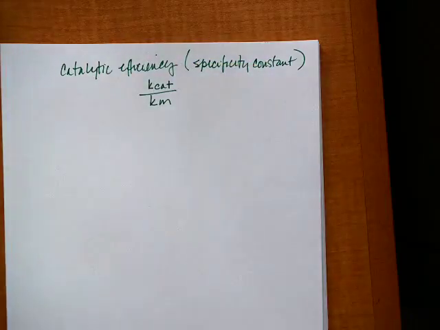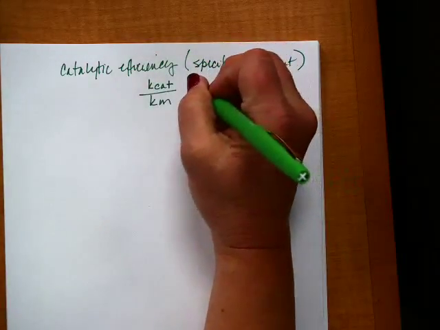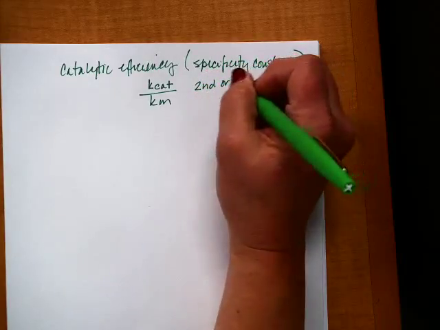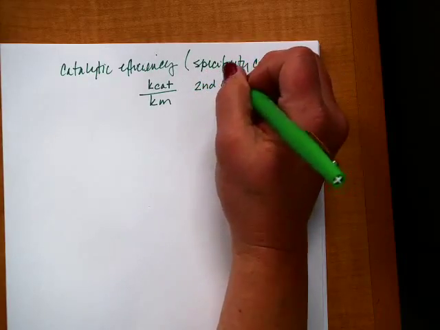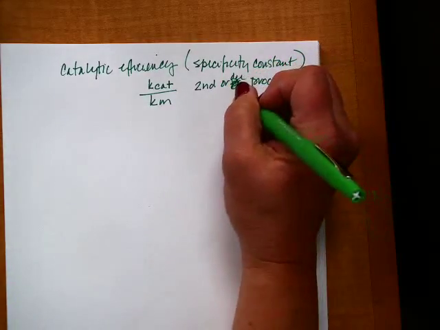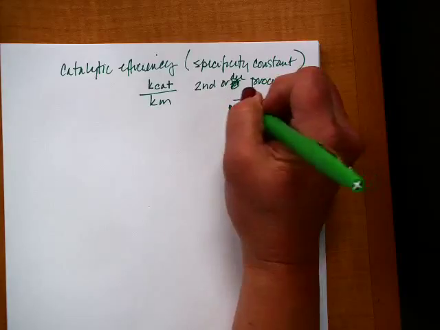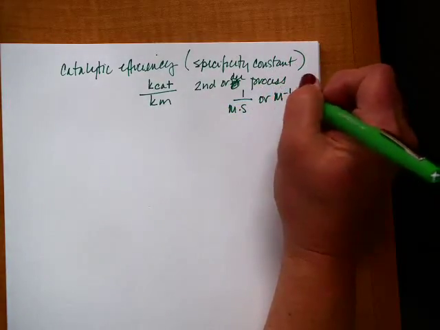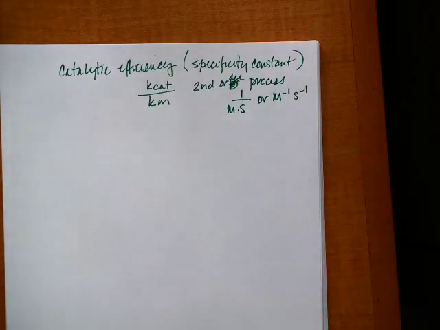And we'll talk about kcat in a minute. So this is a second order process, and so it has units of 1 over M times s, or again, we could write that M to the minus 1, s to the minus 1.